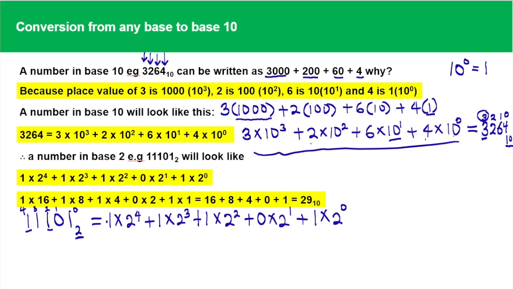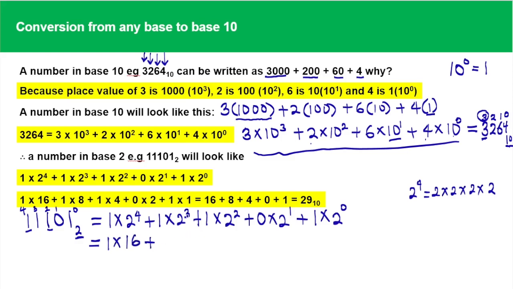Whenever a number is taken through this process, the number is said to have been converted to base 10. So this is the process a number goes through when it is required to be converted to base 10. If we simplify this further, 2 to the power of 4 is the same as 2 times 2 times 2 times 2, and that will give us 16. So this will be 1 times 16.